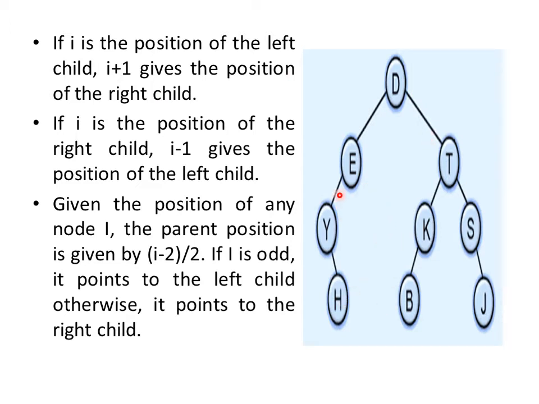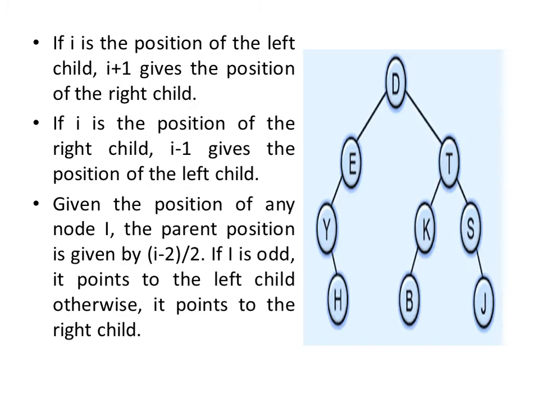Here you can see this is i. Take this one as 0, now this is 1, so i equals 1. Then 1 plus 1 equals 2. This 2 is nothing but t here. This is the position of the right child.